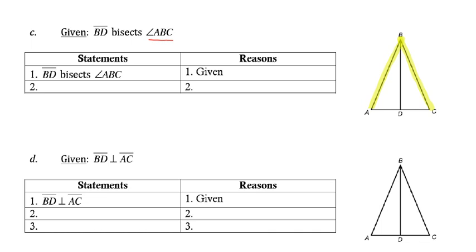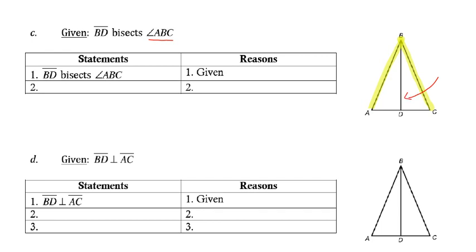So that means if that is the one that is cut into two equal parts by segment BD, which is the bisector, so the two parts that are equal, which are going to be angles in this case, are going to be the parts that I'm marking right now.